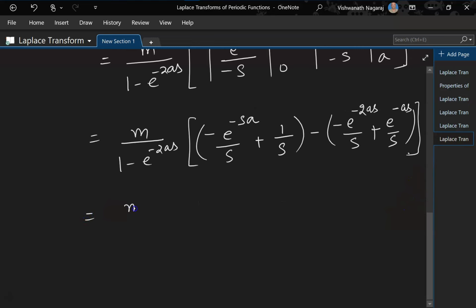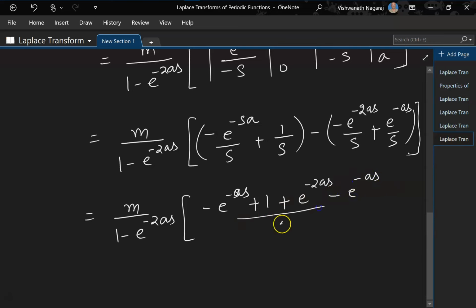Now let's see what happens. m by 1 minus e to the power of minus 2as, times minus e to the power of minus as plus 1, all over s, so plus e to the power of minus 2as minus e to the power of minus as by s.